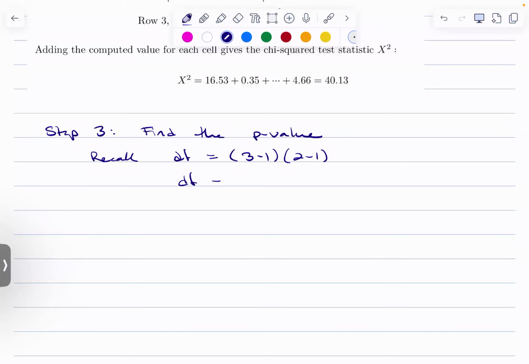So we have 2 degrees of freedom, and our shape looks something like this. Here's 0. Here's all my chi-squareds. And at some point here, chi-squared is going to be 40.13, the value we calculated. So this tail area is the p-value.